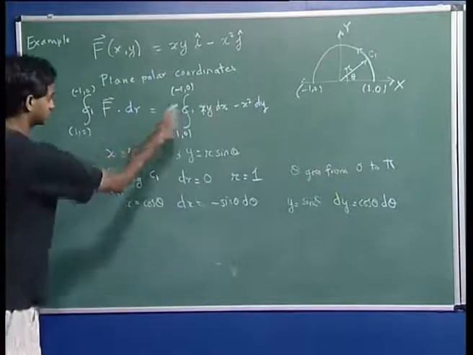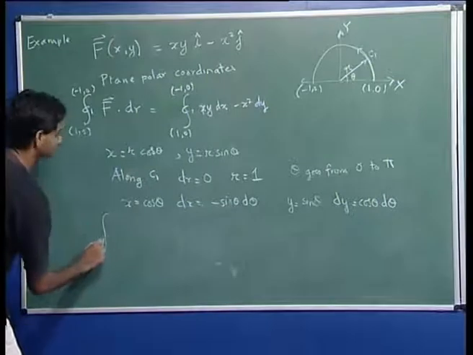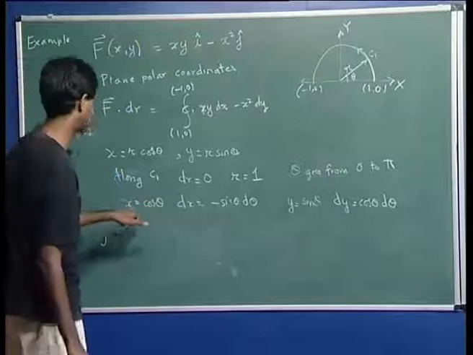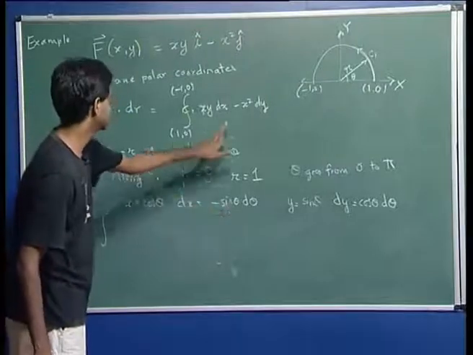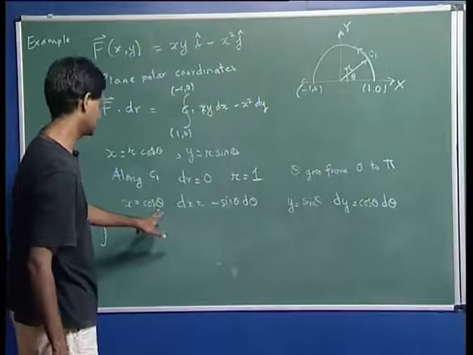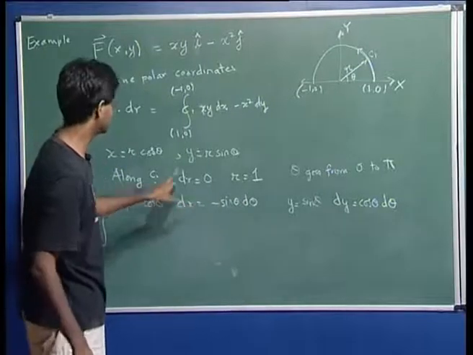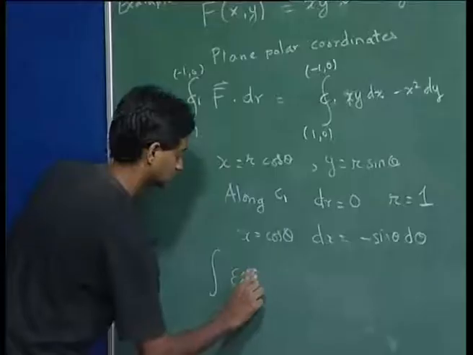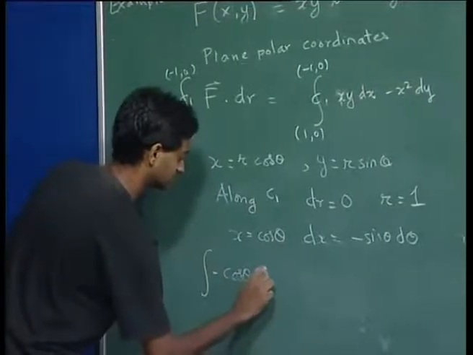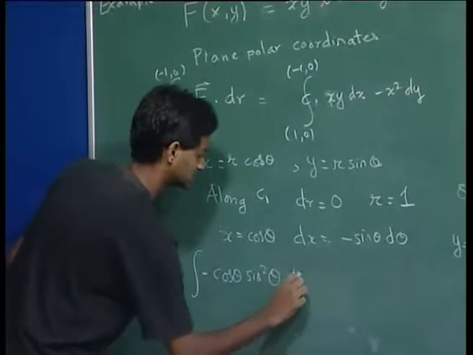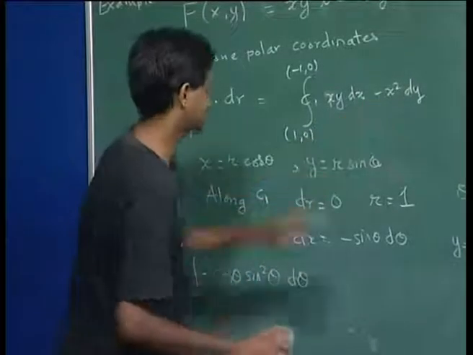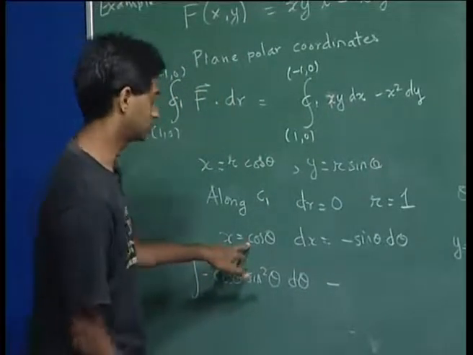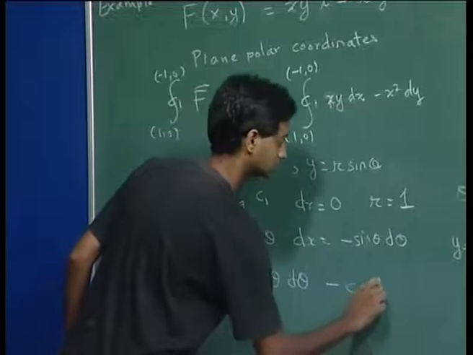So you substitute this over here, and what you will get is integral x into y. So that is cos theta sin theta, and dx is minus sin theta, so you get cos theta minus cos theta sin square theta d theta, and this next term is minus x square. X square is cos square theta into cos theta. So that is cos cube theta.